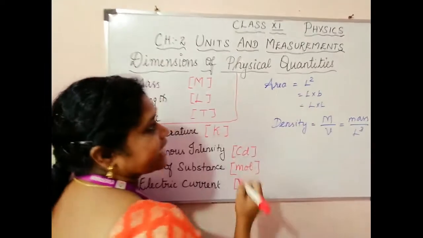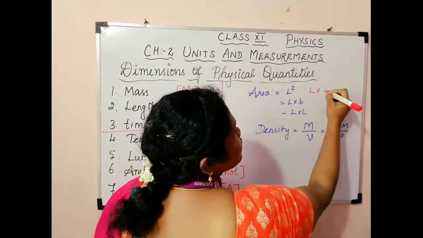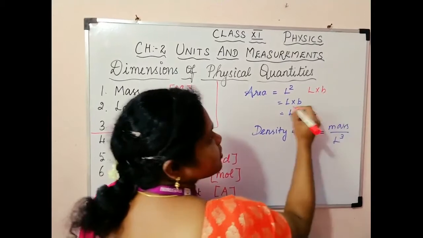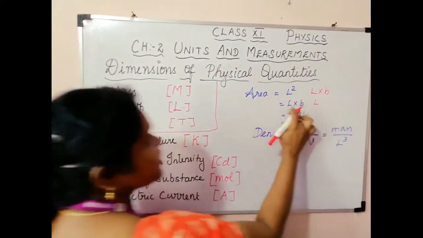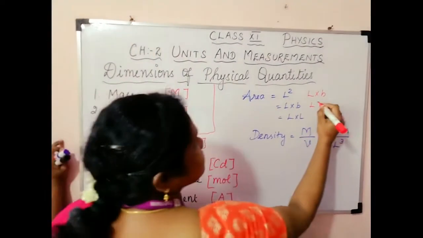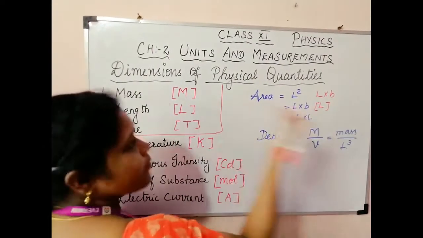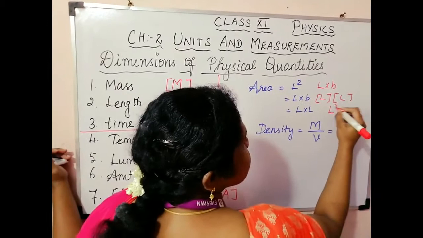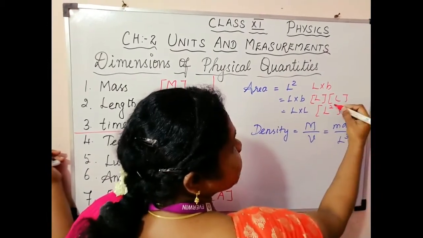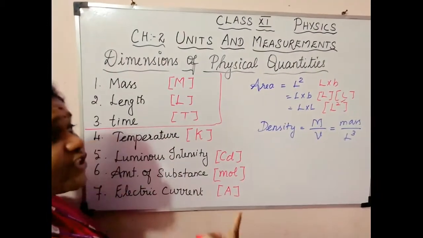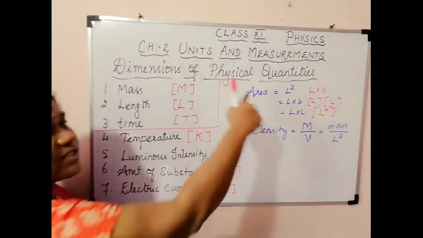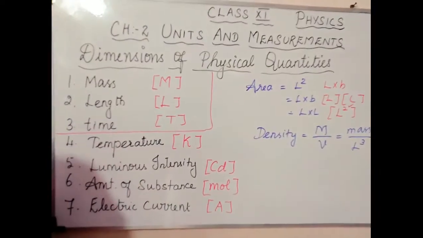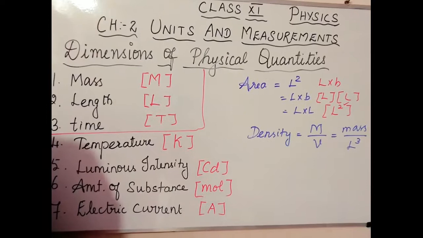For example, area is length into breadth. Length dimensional formula is L, and for breadth also the dimensional formula is length. So L square. This power is known as the dimensions of that physical quantity. So we have dimensions as well as dimensional formula.